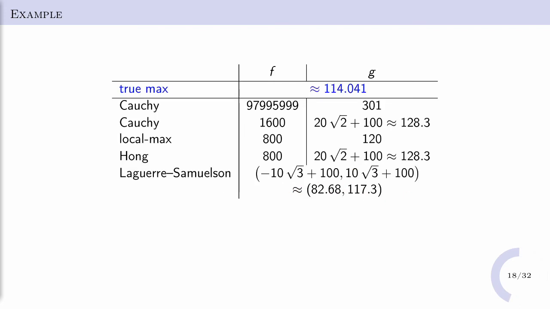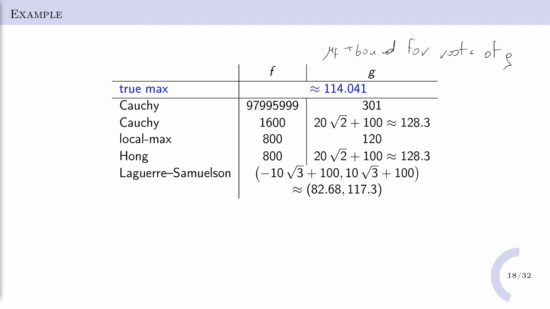And we can compute the different bounds for the roots. Here we compute the bounds for the roots of f. Here we compute the bounds for a root of g plus this 100, the mean of the roots. So to understand, this third column is just the mean of f plus the bound for roots of g.